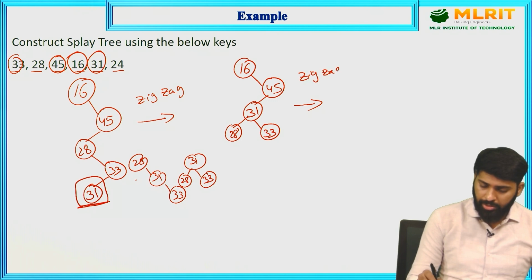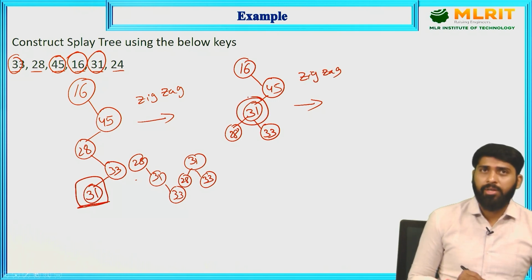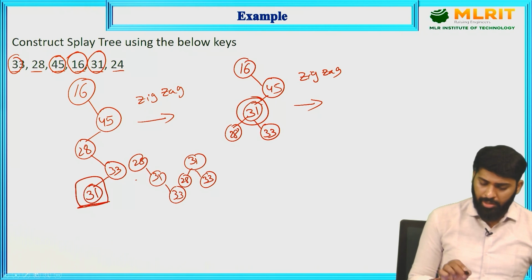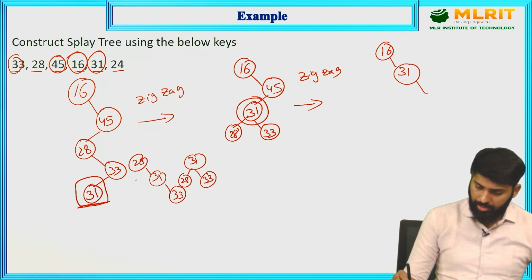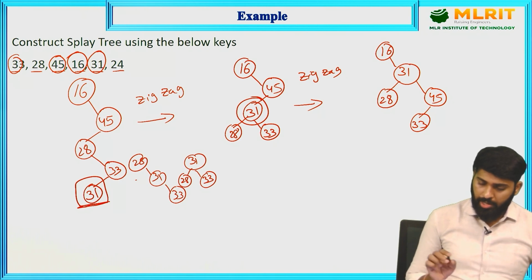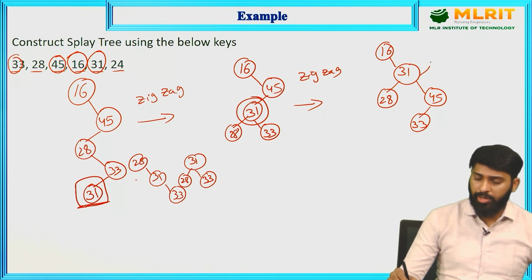Now, again apply zig-zag rotation. This is 31, and I want to make this 31 the root. So, one right rotation: it becomes 16, 31, 45, 33 and 28. Now, apply zag rotation, meaning rotate to the left side.